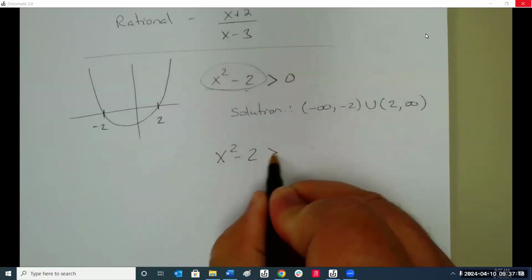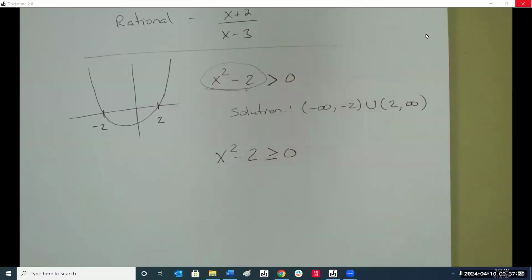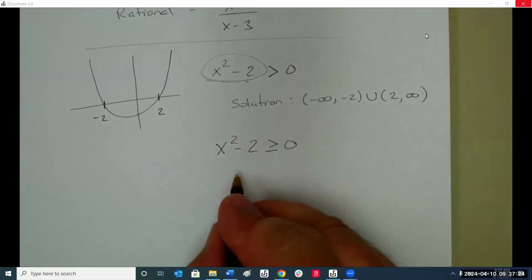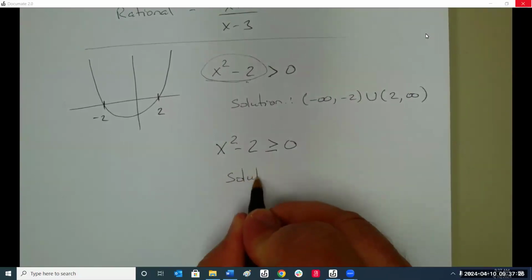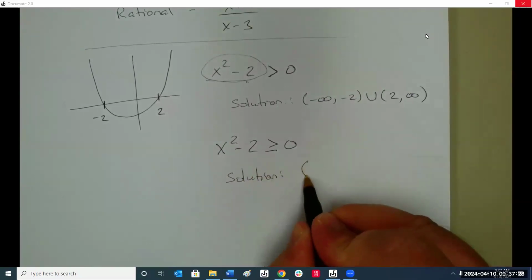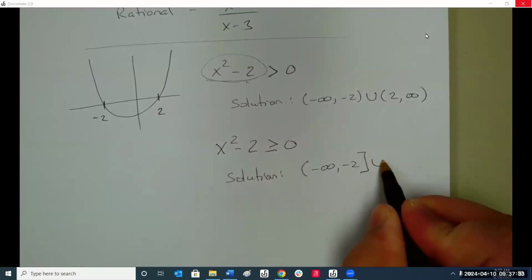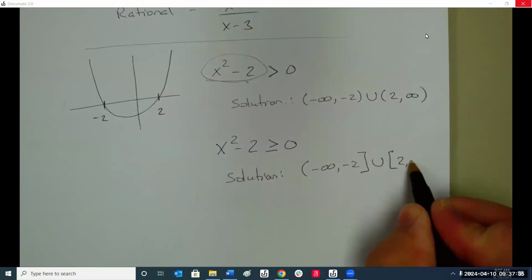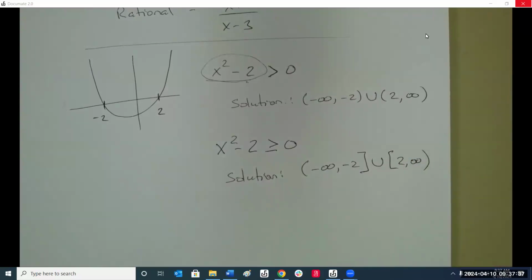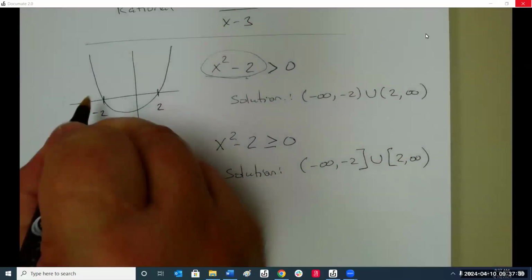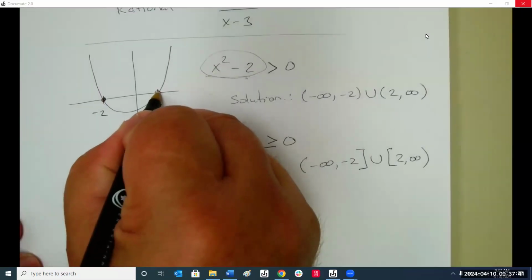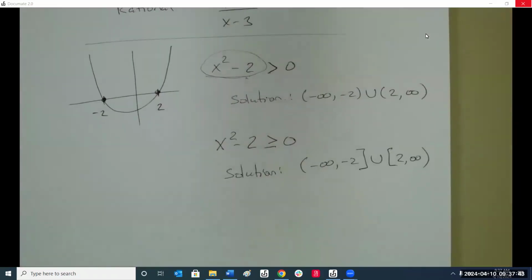As opposed to this example, what would be different? Parentheses. Very good. It would go from -infinity to -2 bracket, 2 to infinity, because here we can include the x-intercepts.